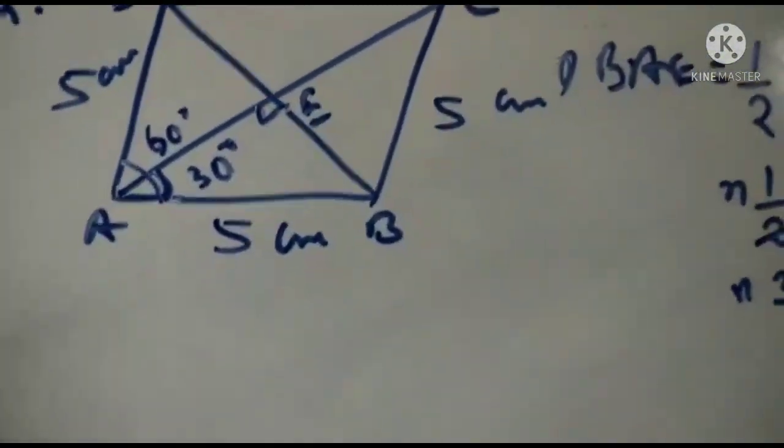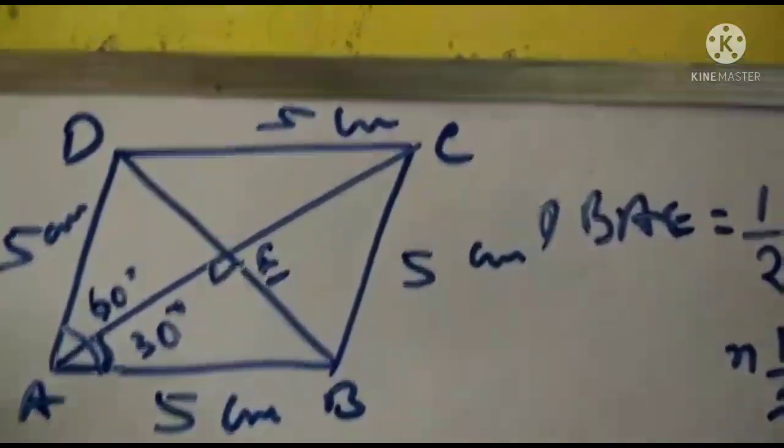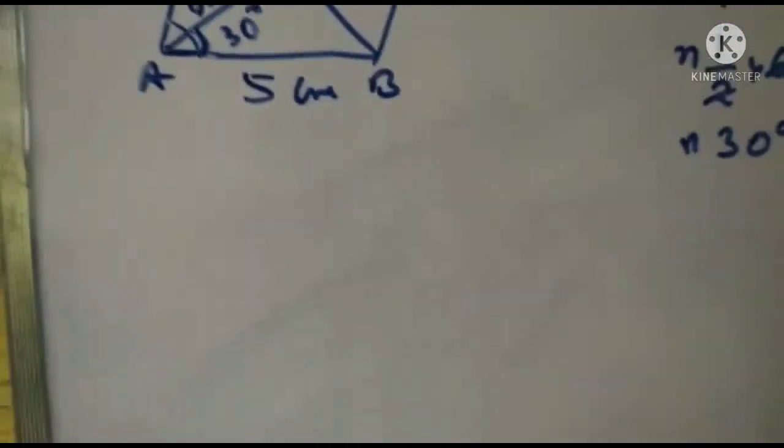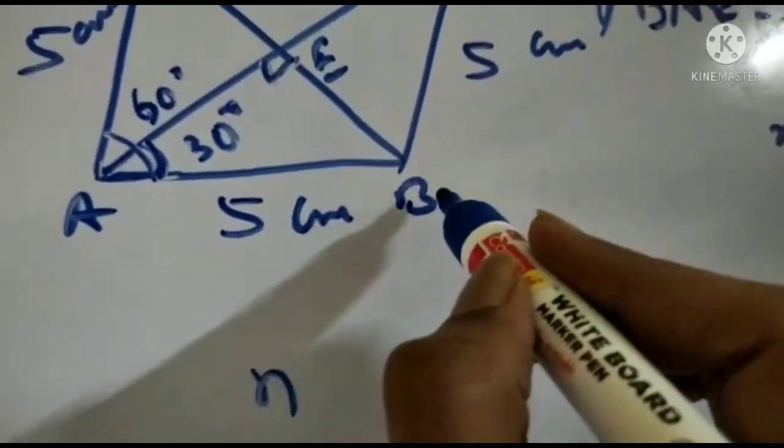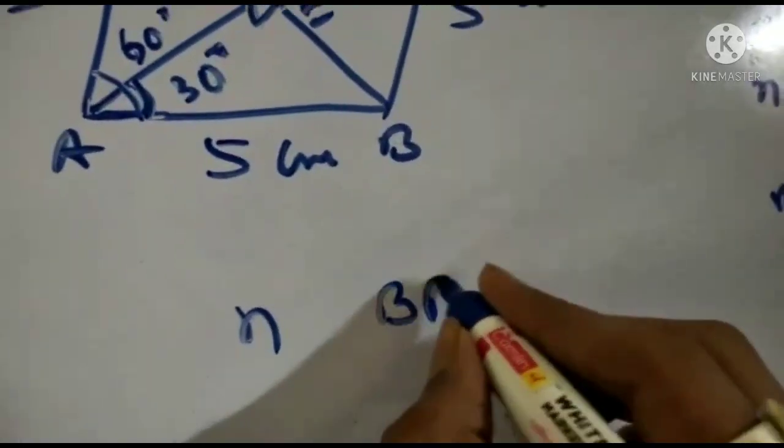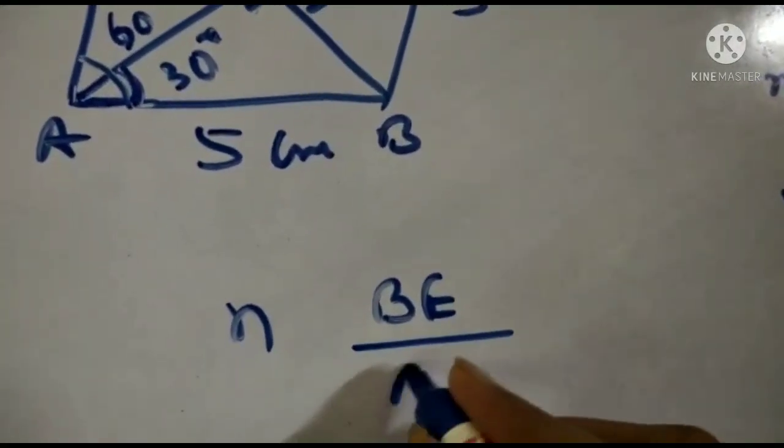So here it is very easy. Now from here we have to find BE, or DE, or AE, anyone. See, AB is the hypotenuse, AE is the base and BE is the perpendicular. So perpendicular by hypotenuse, that means BE by AB.